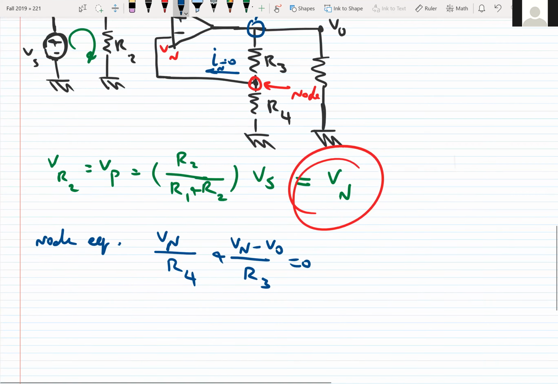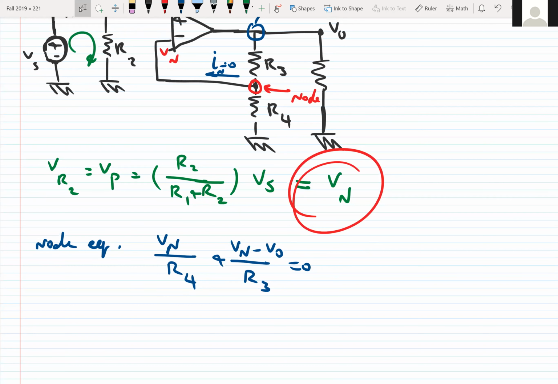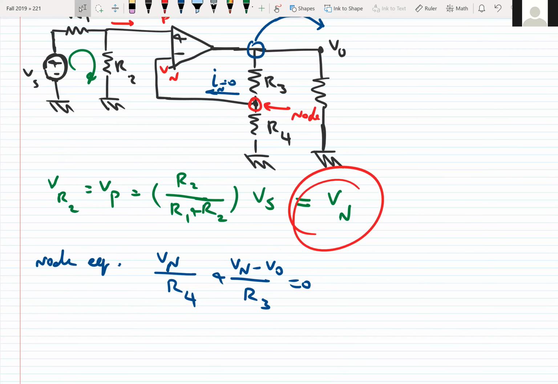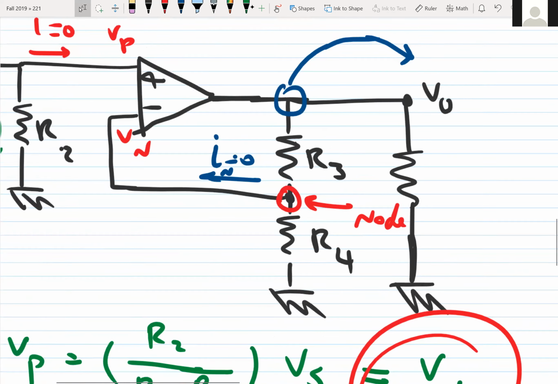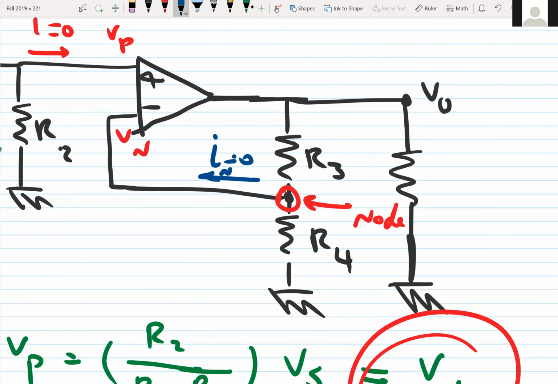Any question? Let me say it one more time. I said that we should consider the node which connects the inputs of the op-amp to the output. So it is here. I put a red circle around that node. The voltage of this node is the same as Vn, so we call it Vn.